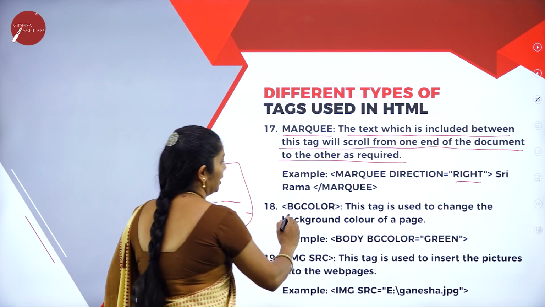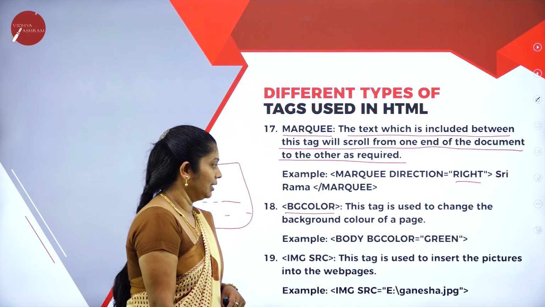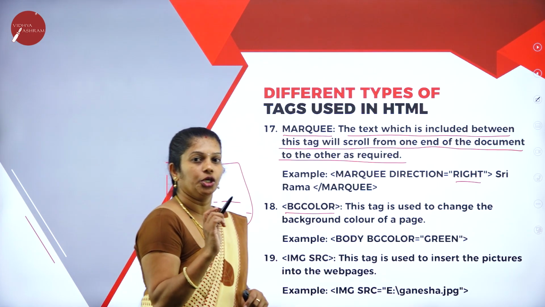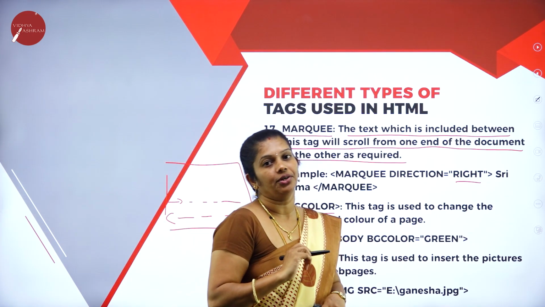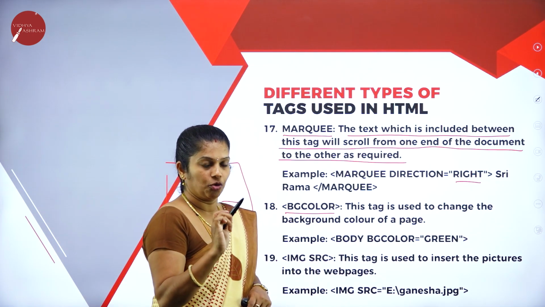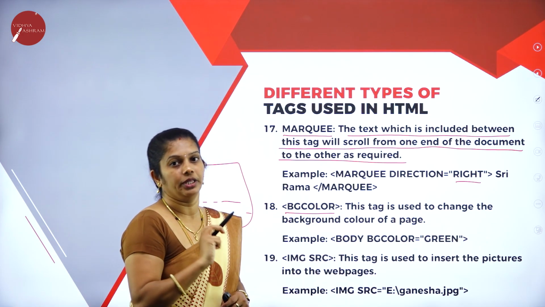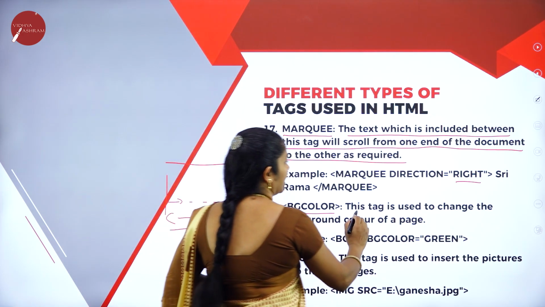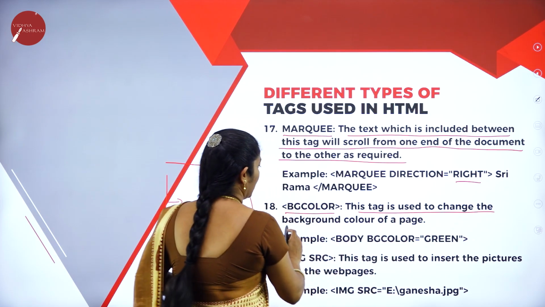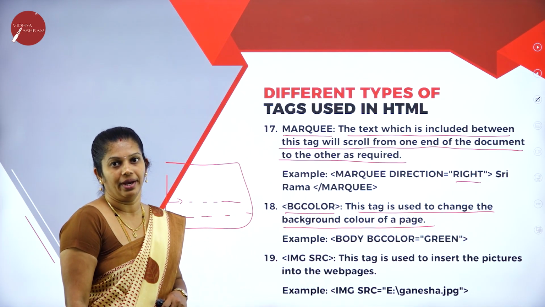And the next one, BG color tag. Whereas BG color tag is mainly used to give background color for your document. BG, background color document. Whereas here also for color COLOR only you have to write. This tag is used to change the background color of a page of your document.